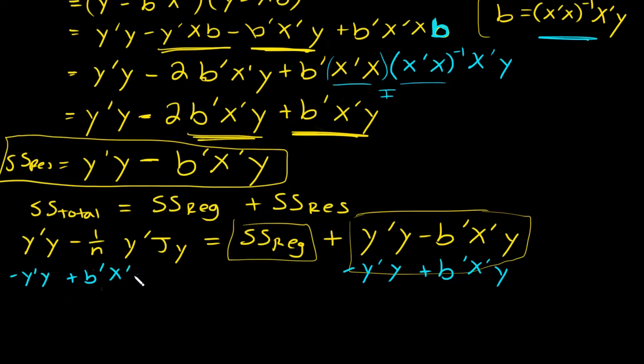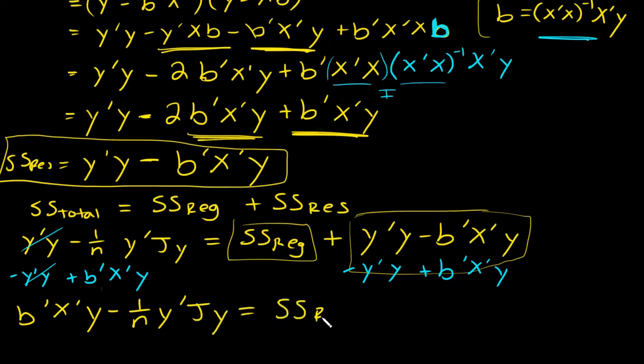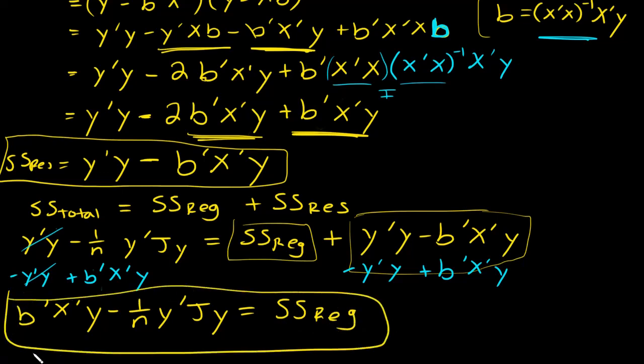These cancel, and what I'll be left with is the positive B transpose X transpose Y, and then minus 1 over n Y transpose J Y. And that is our SS regression. So you just use algebra to get to our SS regression. There you have it: we have written our sum of squares total, residuals, and regression, all using matrix notation.